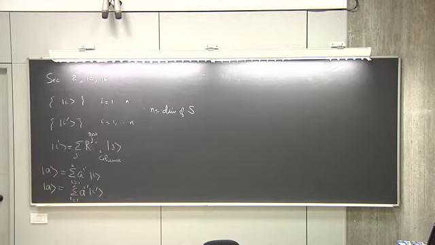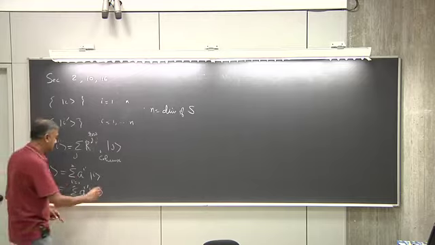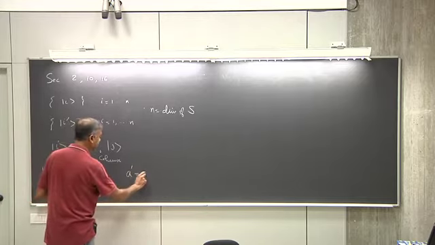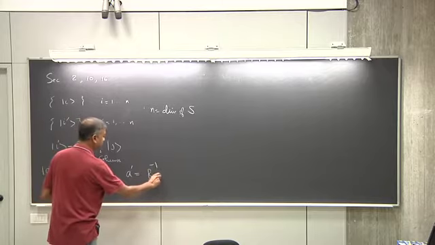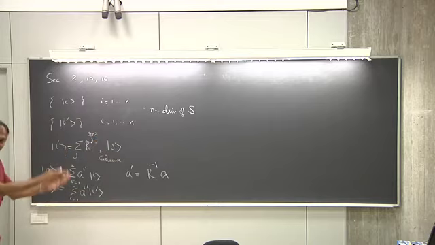And then we found the relation between these two. Given this matrix R, we can find the relation between them. The relation was simply, in matrix notation, A prime equals R inverse A, where A and A prime we think of as column vectors.